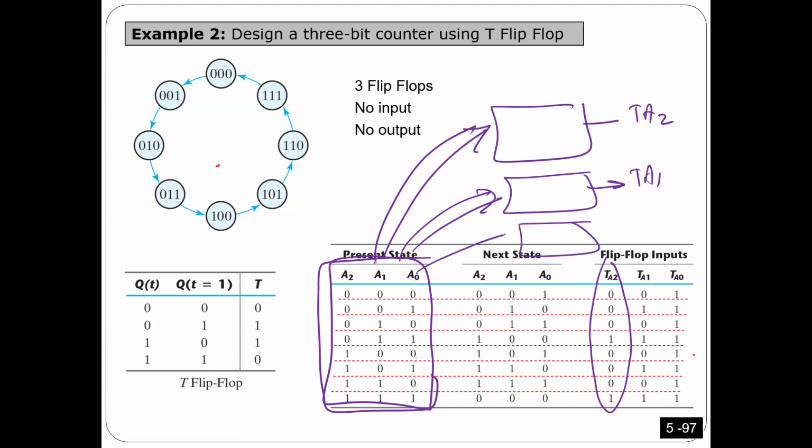It's another combinational circuit with this input, and the output should be GE0. So I need to find the combinational circuits that, given this input, generate this output column, and I need to connect them to the three flip-flops. Make sense? For sure, similar to what we did before, we need to do simplification.